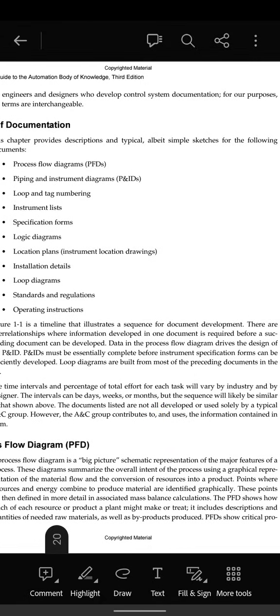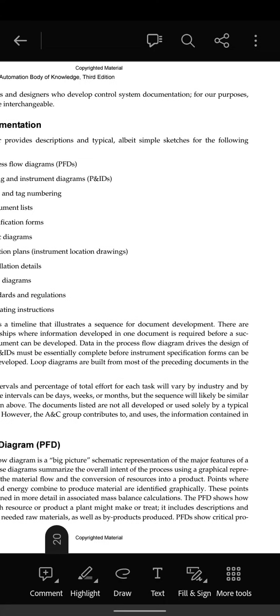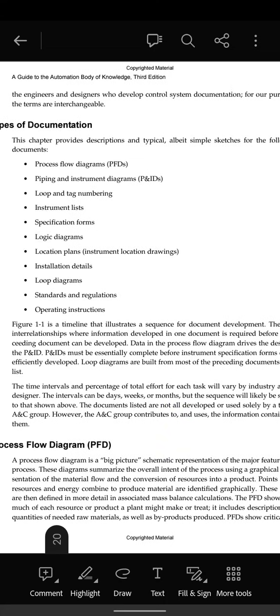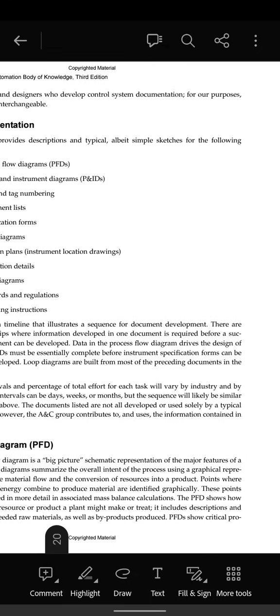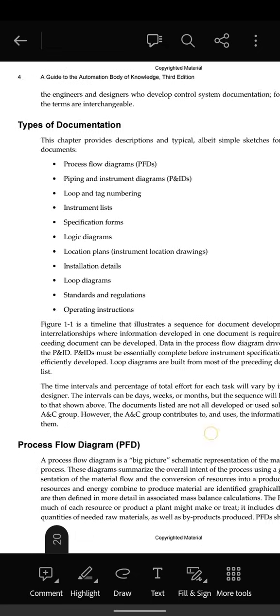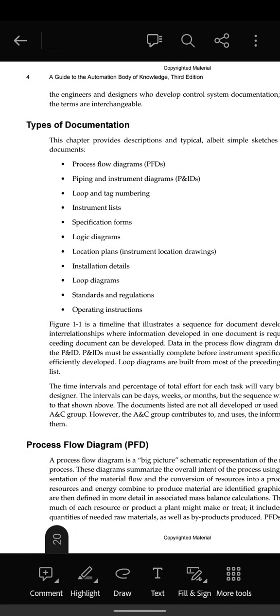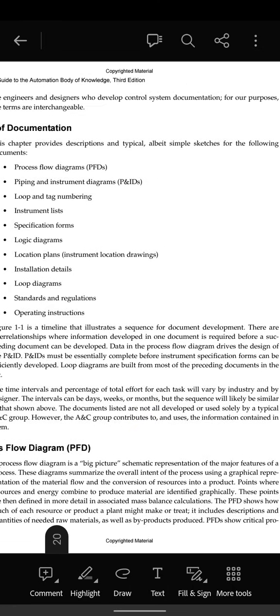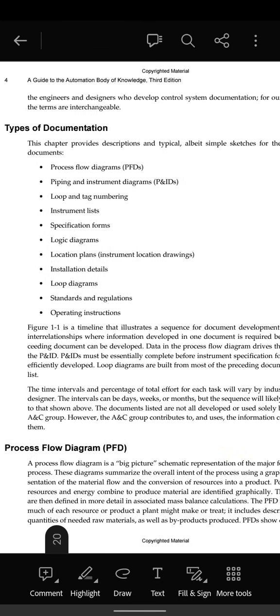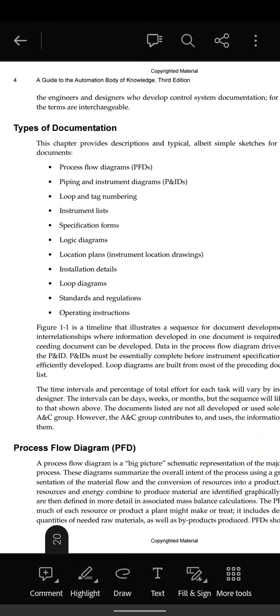Data in the process flow diagram drives the design of the P&ID. The P&ID must be essentially complete before instrument specification forms can be efficiently developed. Loop diagrams are built from most of the preceding documents in the list.